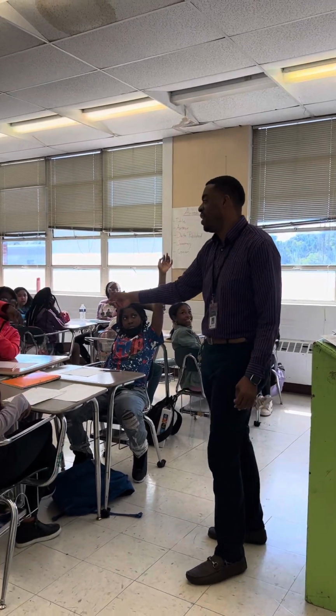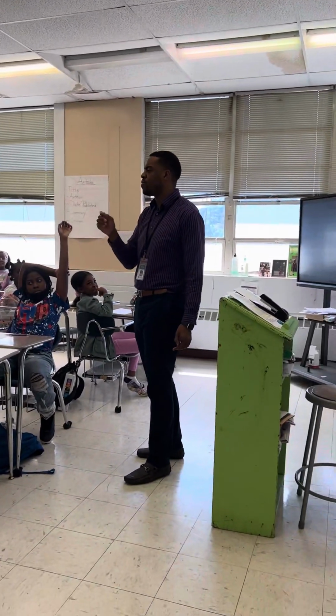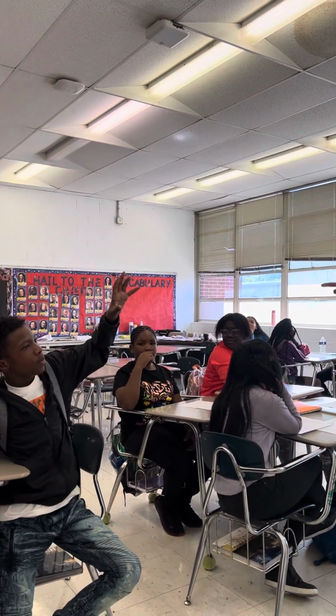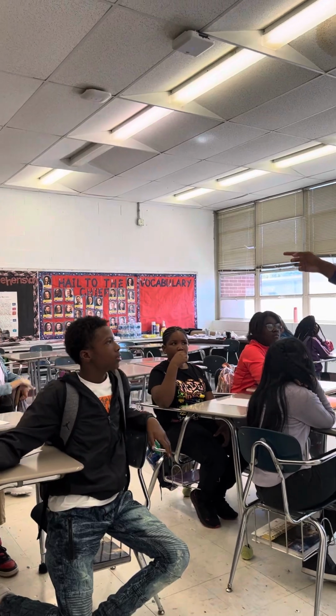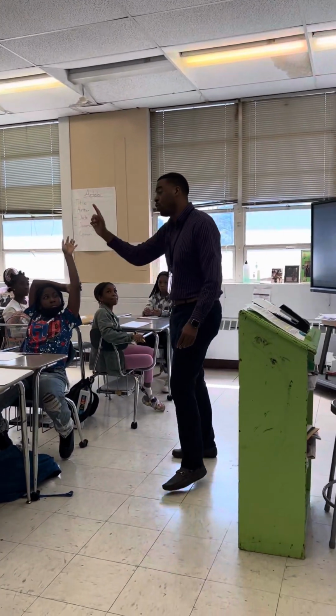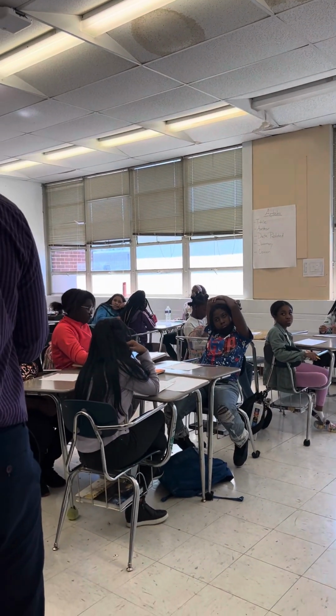Me. My. Myself. What's a plural? We. What's one more? Our. Okay. So group A, group B, and group C, you're going to put yourself in Esperanza's shoes from the first person point of view.